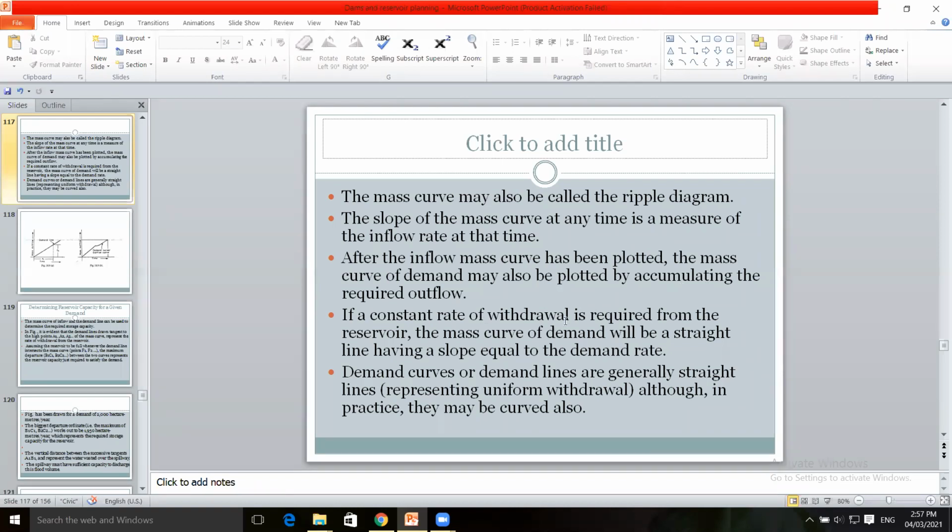If a constant rate of withdrawal is required from the reservoir, the mass curve of demand will be a straight line having slope equal to the demand rate. So when there is a constant rate of withdrawal, the mass curve of demand will be a straight line, not parabolic.